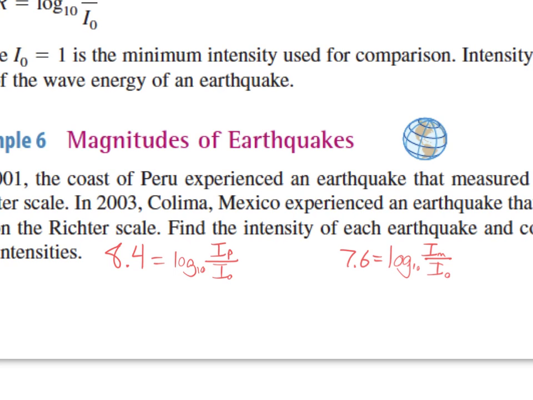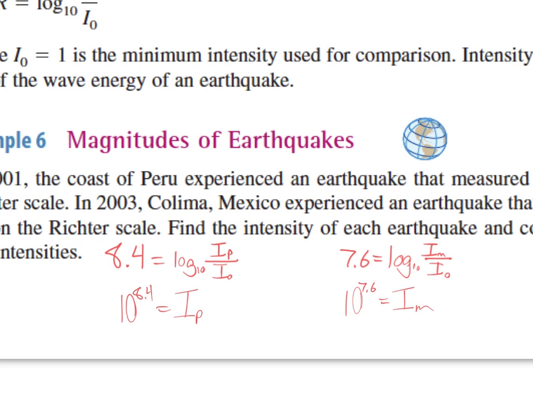Okay, we got to get rid of the log by rewriting this. 10 to the 8.4 equals I sub p, and we could let I sub naught equal 1. They said that right up here. So I sub p is 10 to the 8.4. Here, it'd be 10 to the 7.6 power equals I sub m.